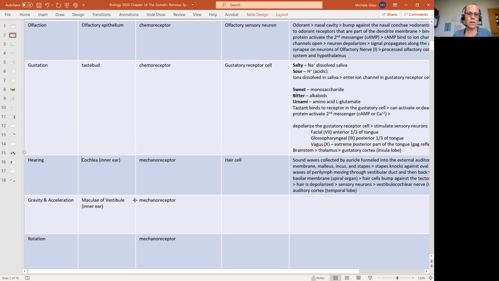And I would actually like to make a notation back to our hearing and say spiral organ of the cochlea in the inner ear. And then when we're doing the gravity and acceleration receptor cell, I would like to call that my hair cell. So we call it the same, even though we have that difference in terms of the presence of kinocilia.